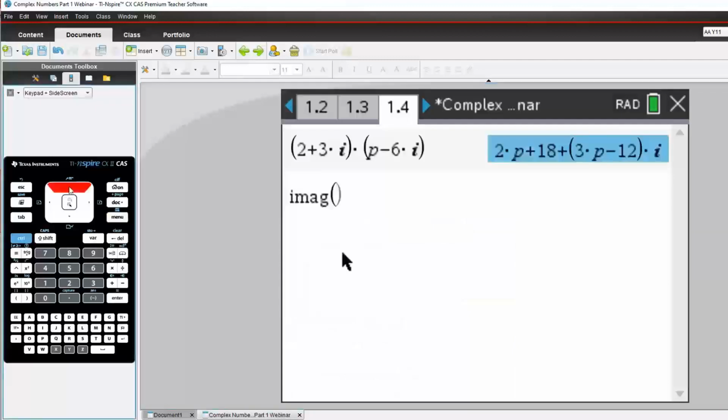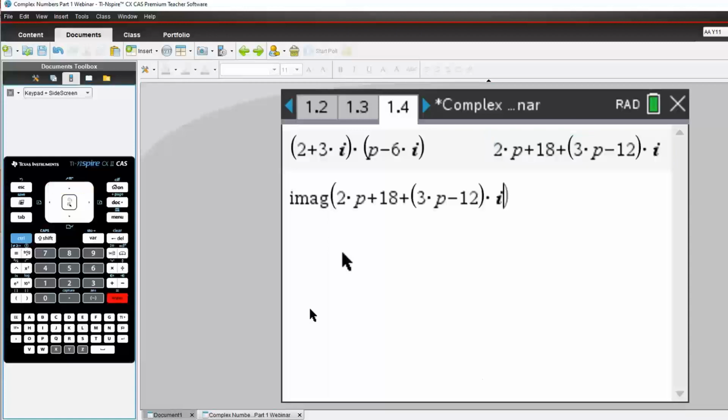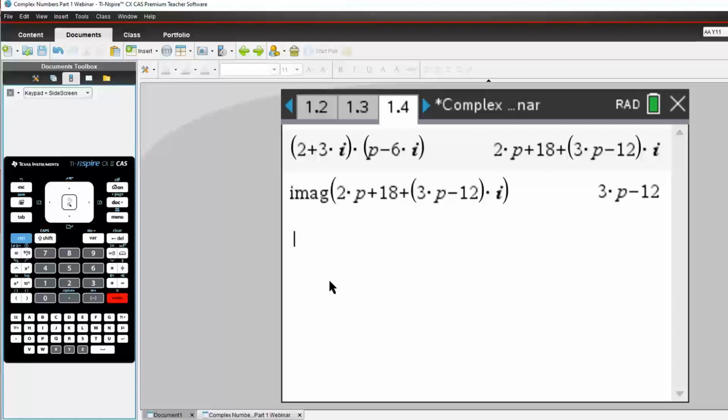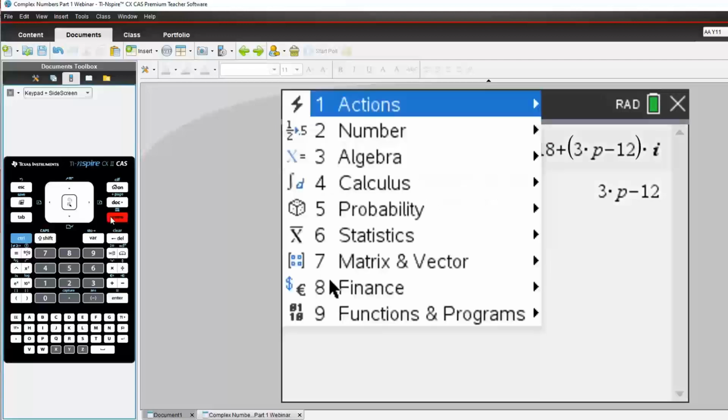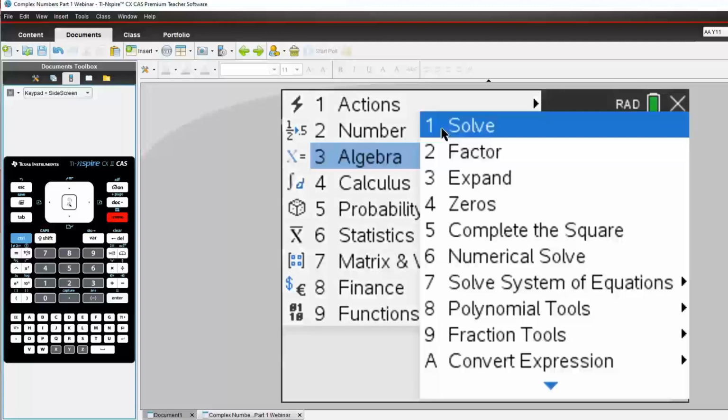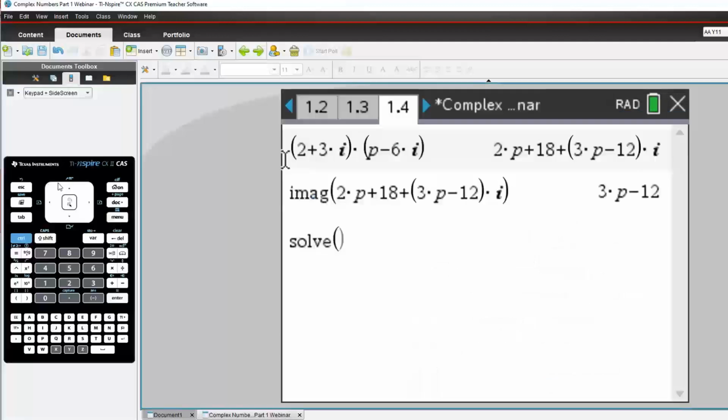If I press the up button and enter, then I get the imaginary part, and if I press enter again, the calculator just gives me the imaginary part of this product. And of course, then I can solve this equation for p.